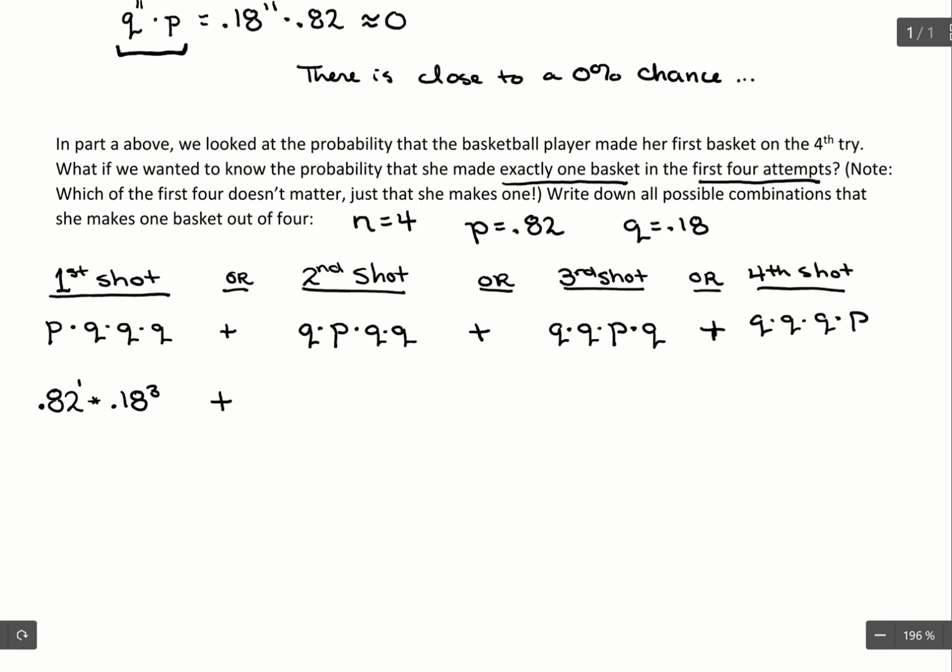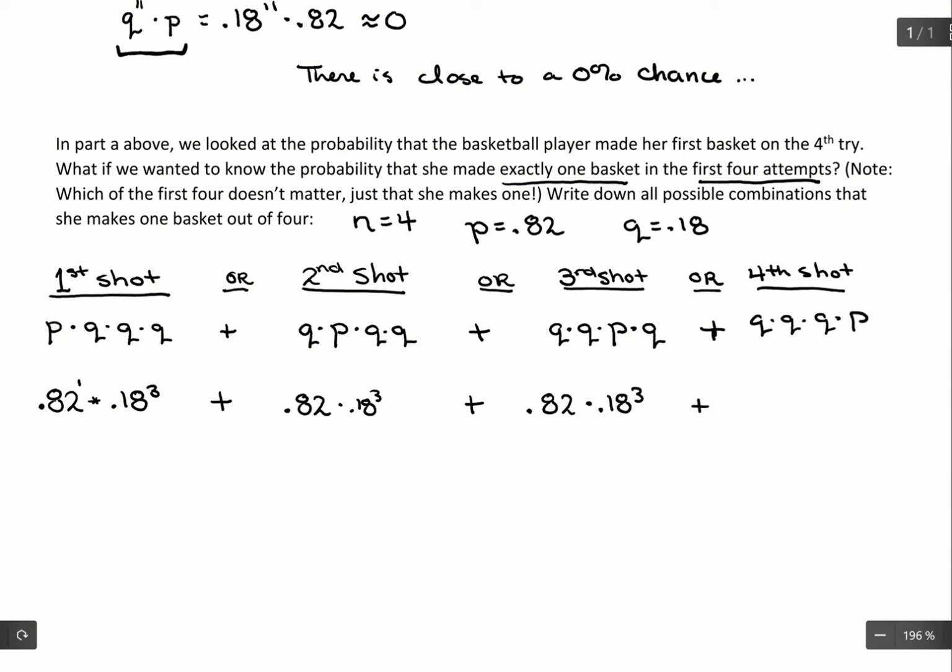And then plus, and we actually have the same scenario for the second shot. We have our success once and failure 3 times. And same thing for the next one. So we're actually adding the same probability to itself. What we just needed to see was how many different ways could it occur. But it's always this 0.82 times 0.18 cubed.